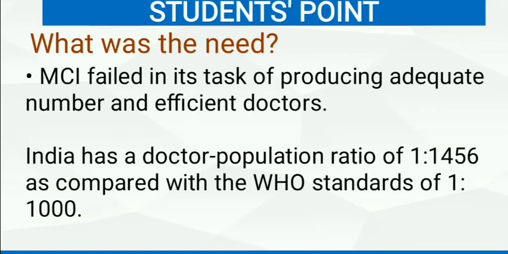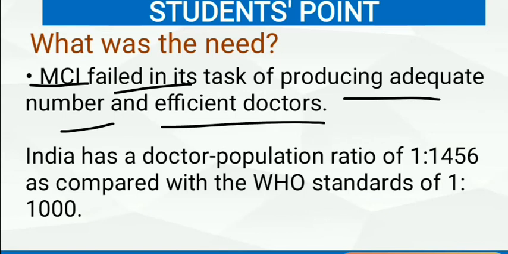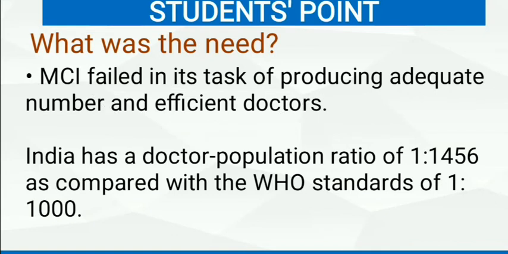So why was there a need to pass such an act? Because MCI, which was the erstwhile regulator of medical education in India, failed in its task of producing an adequate number of doctors as well as efficient doctors. The prime role of MCI was to produce such doctors in India. But when we see the scenario in India, it is quite poor.